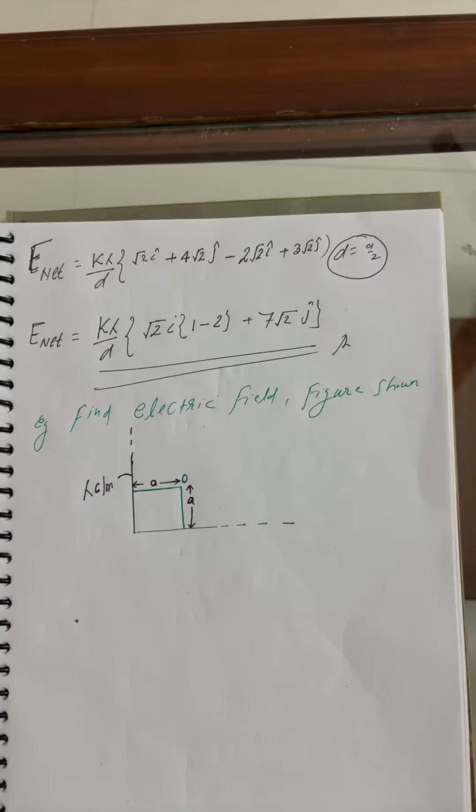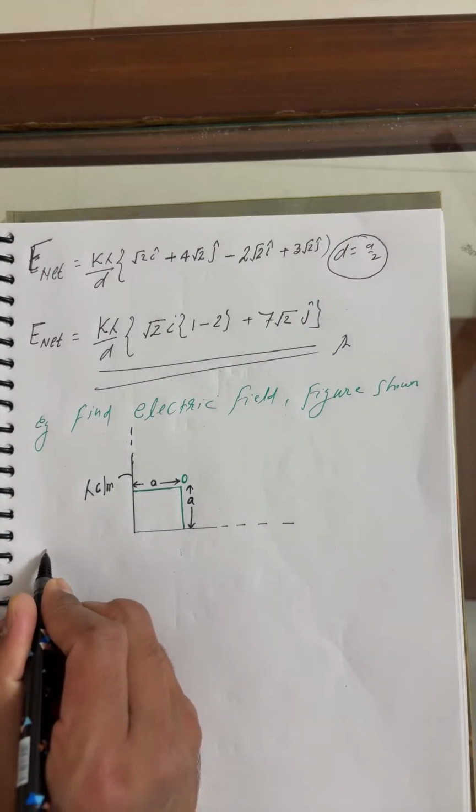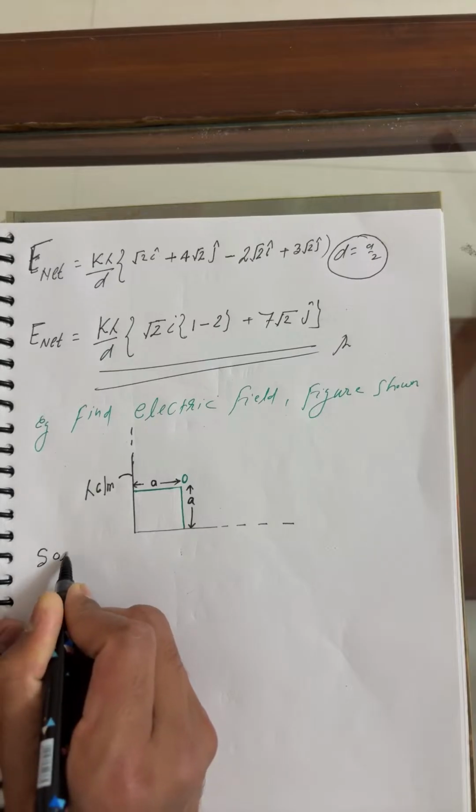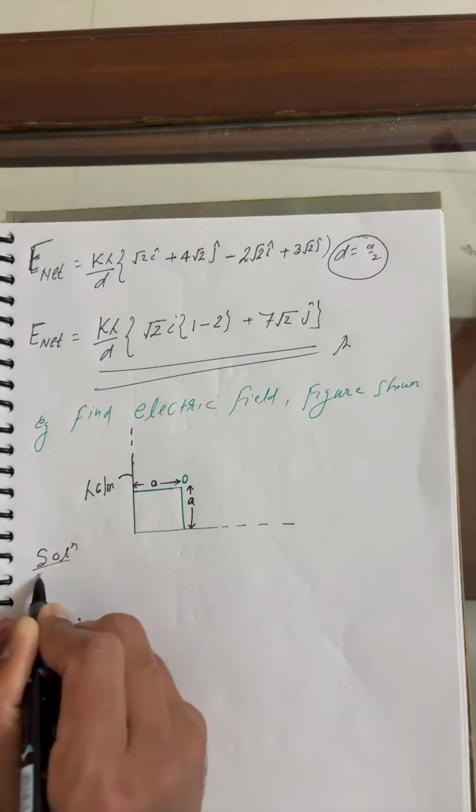Okay, root 2 k lambda by a. Okay Anurag, I'll see. I can solve it, then I can tell you. Have a look at the solution here.